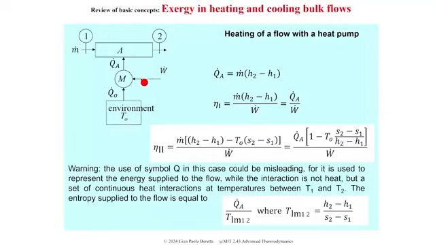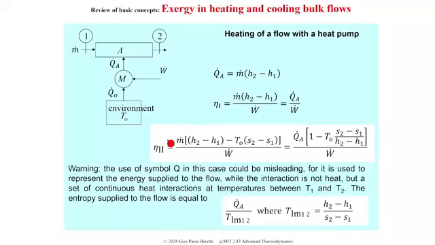So for example, this would be a heat pump setup. And then you can define a first law efficiency, which is the ratio of the heating of your flow to the work you spent. That's the COP. You can also call it first law efficiency, but it can be greater than 1.